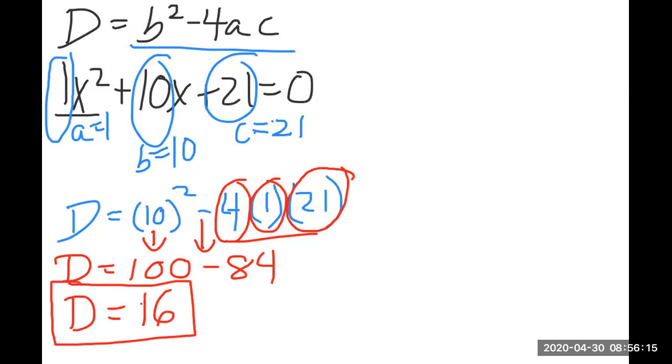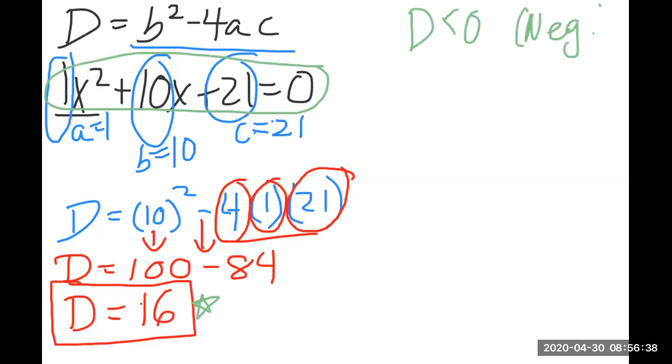The discriminant is 16. So now we're going to talk about question number 2, which is actually figuring out how many solutions this quadratic equation has by using this discriminant number. So on the notes page and in the video, it said that if the discriminant is less than 0, which means that it's a negative number, we're going to have 0 solutions.